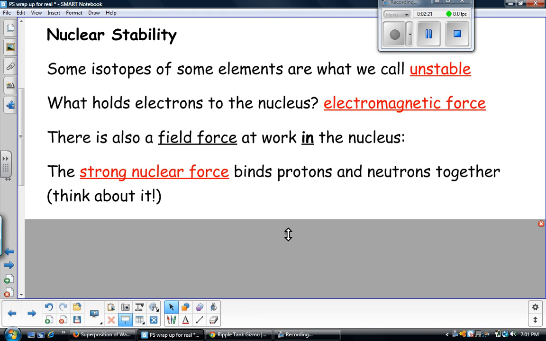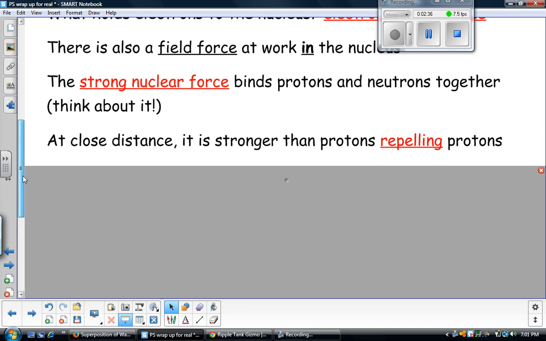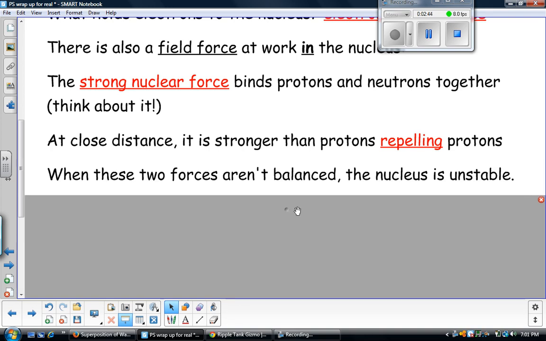They're trying to push away, but the nucleus still stays together. There has to be a reason for that, and that's because of the strong nuclear force. At a close distance, it's very strong. It's a stronger force than that force that's trying to push the protons away from each other. So, in close quarters, the strong nuclear force trumps the electromagnetic force. When these two forces aren't balanced, then the nucleus is unstable.